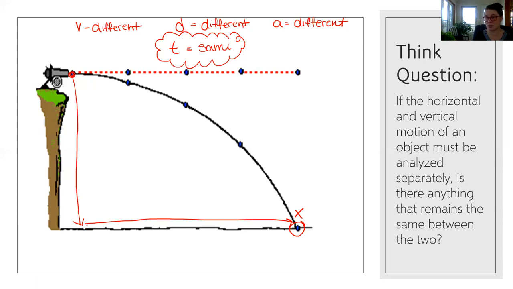Once it touches the ground, horizontal motion can't happen anymore. I mean, it may roll a little bit, but we're done with projectiles now because now it's on the ground. So the time to drop has to be the same as the time that it was in the air going horizontally. It's really an easy concept, but for some reason, it messes with people a little bit sometimes.